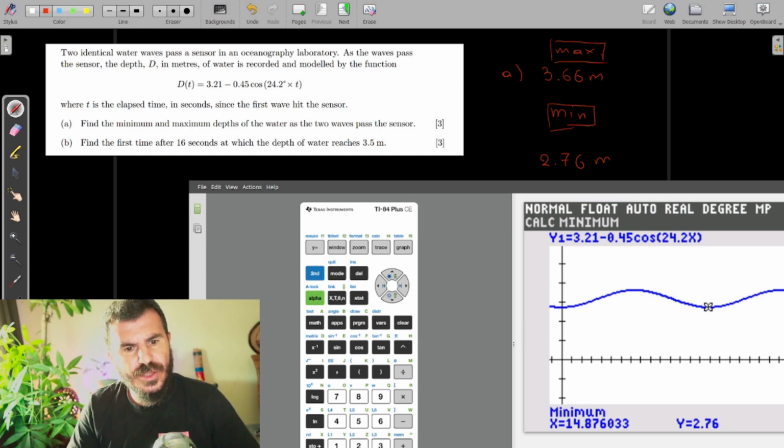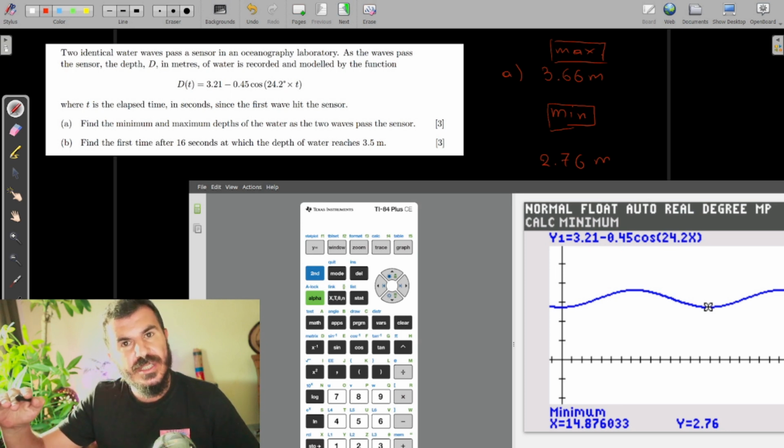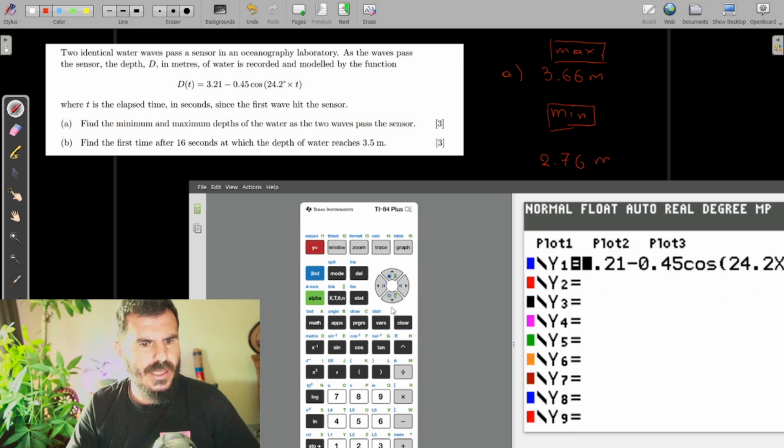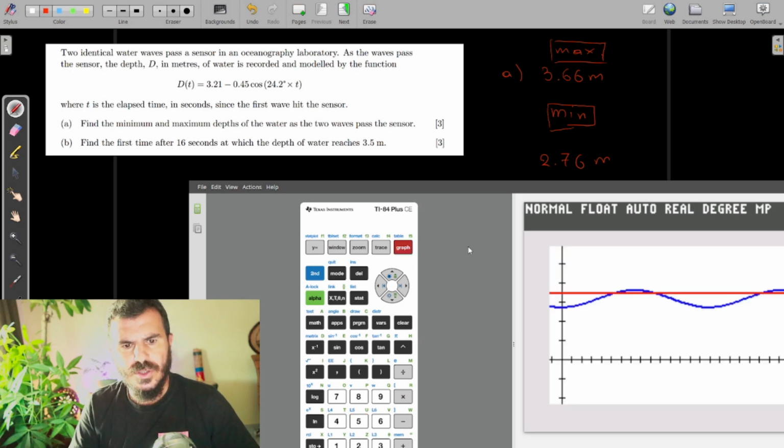First of all, to see where the 3.5 meters is concerning my function. Let me see it. What I will do, y equals, let me see where this 3.5 meters is as a height. So here you can see it. This is the 3.5 meters, and here is the wave.